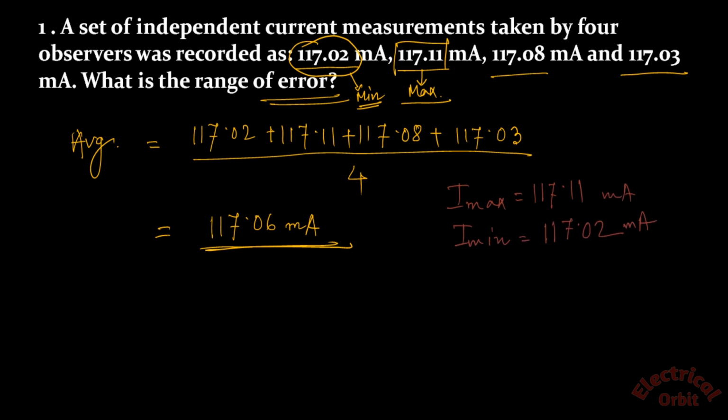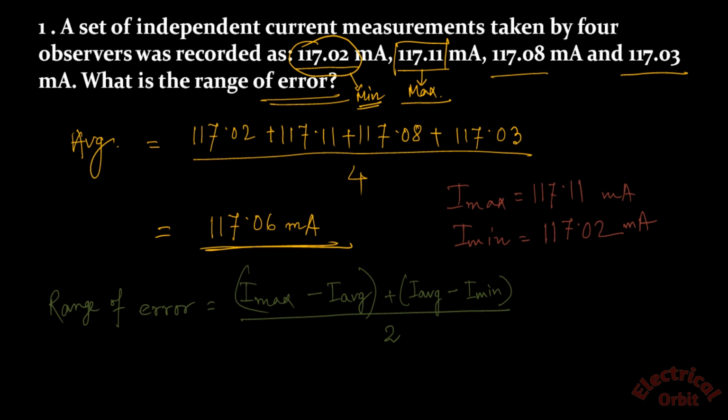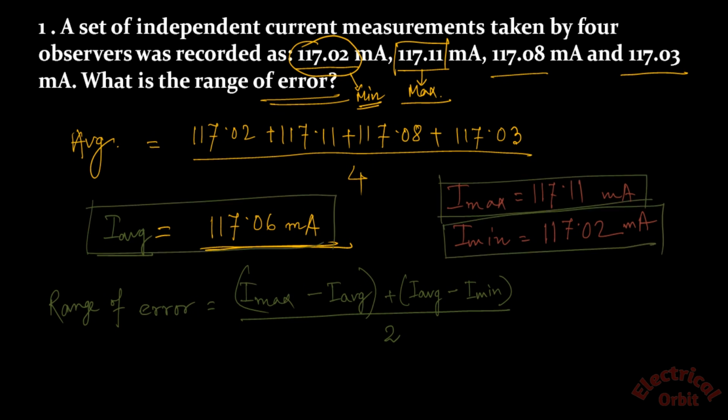Now if we want to determine the range of error, then our formula is (I max minus I average plus I average minus I min) divided by 2. Our I average is the average of the 4 readings. Just putting the values of I average, I max and I min into this equation, we calculate the range of error, and it is always in plus minus form.